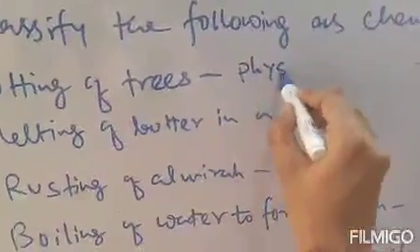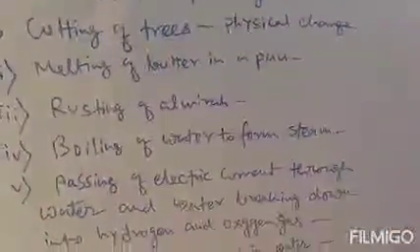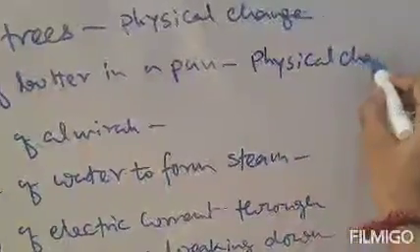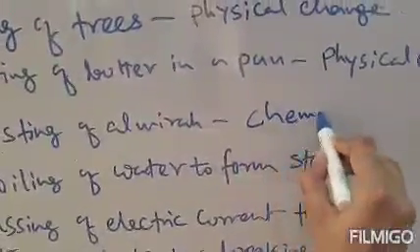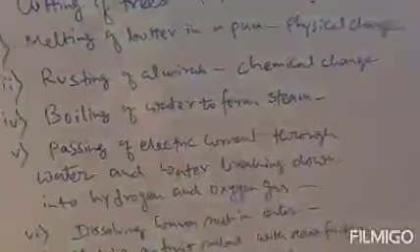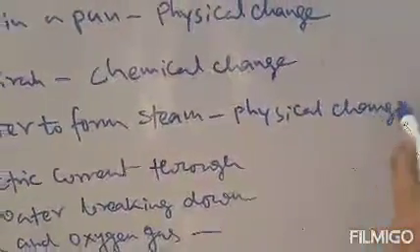Now cutting of trees. Cutting of trees is a physical change. Melting of butter in a pan, this is also physical change. If you have seen all these 3 sessions, you can easily identify why these changes are physical change. Clear? Rusting of almirah, this is chemical change. Next, boiling of water to form steam, this is a physical change.